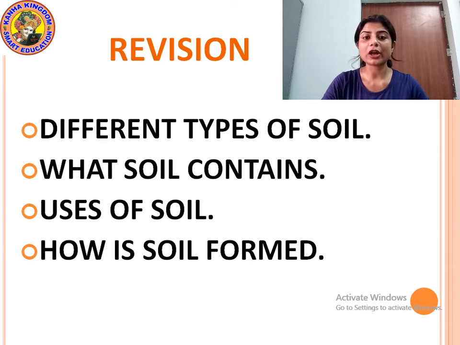Then soil is home to many insects like earthworms, beetles, ants, and also snails, rabbits, mice, etc. These are some animals that live in the soil. Understood? So this was all about the soil.